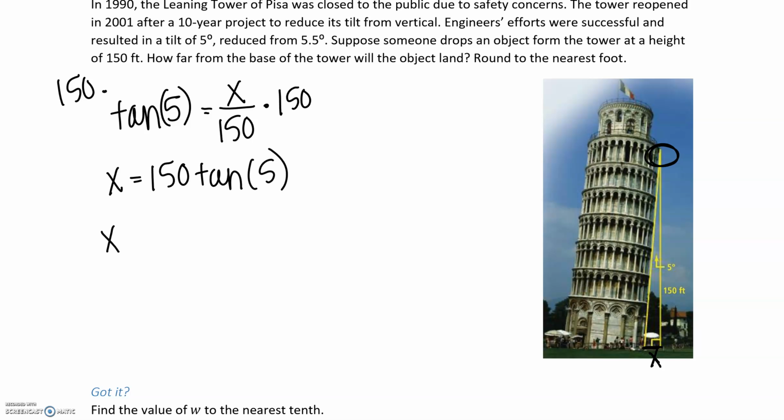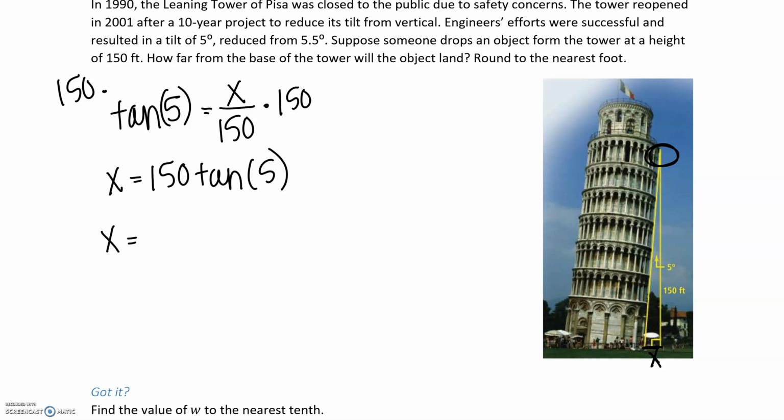So when we put that into our calculator, your sine, cosine, and tangent buttons are above your comma and parentheses buttons on your calculator. So if you type into your calculator 150 times tan, it's going to open a parentheses, you're going to type 5 and then close that parentheses.